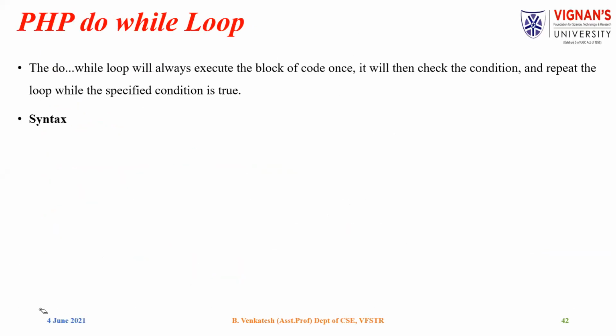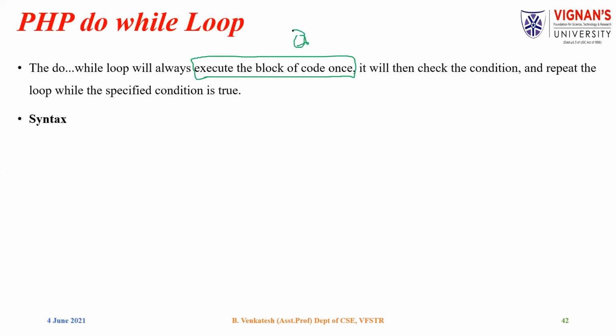Now, coming to do while. A do while will always execute the block of code once. This is the main important point. What is the difference? Both are the same otherwise. In a while loop, the minimum number of times the block is going to execute is 0.